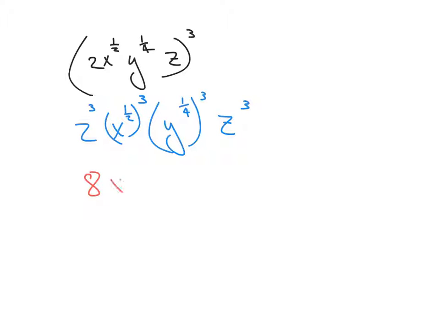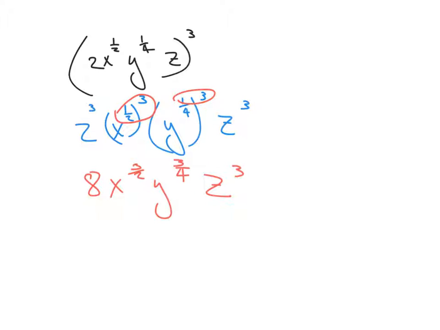The x to the 1/2 cubed, we multiply those. So 3 times 1 is 3 over 2. Y is going to be 3 times 1 is 3 over 4, and z just has a cubed on it. That's okay to have fractions in your exponent position. I mean, that's what we've got. You're kind of stuck with them.